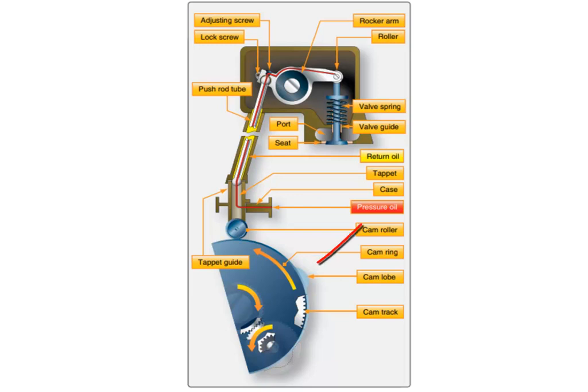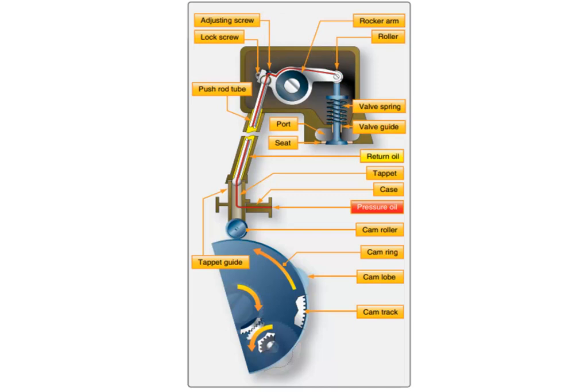But you'll see this lobe here comes around, and when it goes underneath the cam roller, it pushes up on the tappet, also known as the lifter. And then the lifter pushes on the push rod, and the push rod rocks the rocker arm. The rocker arm pushes down on the valve and presses the valve down against the spring and opens the valve inside.